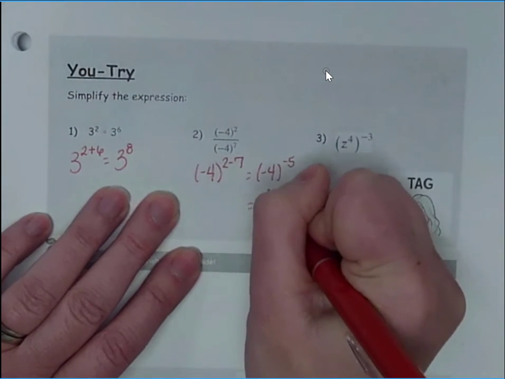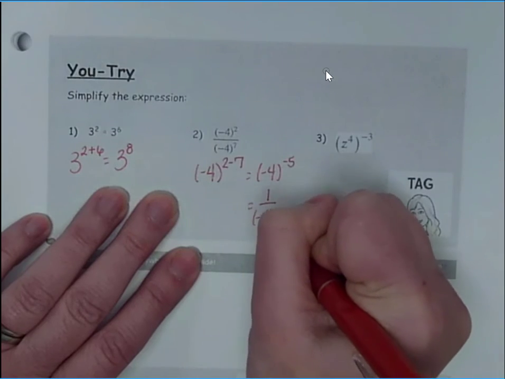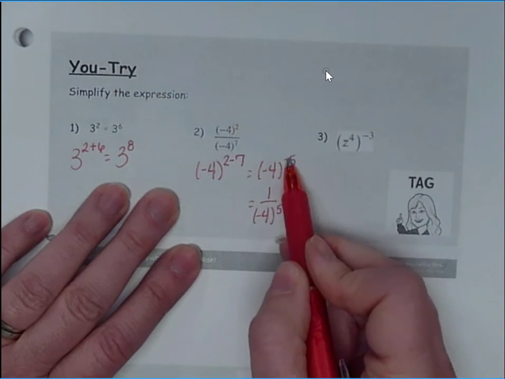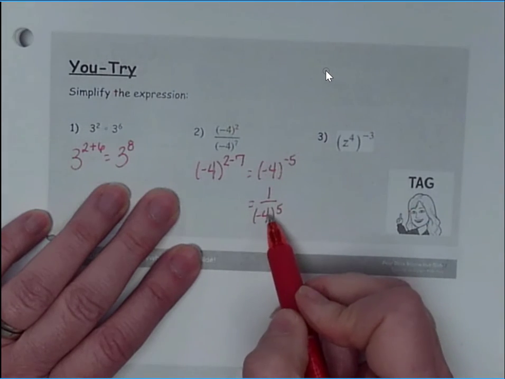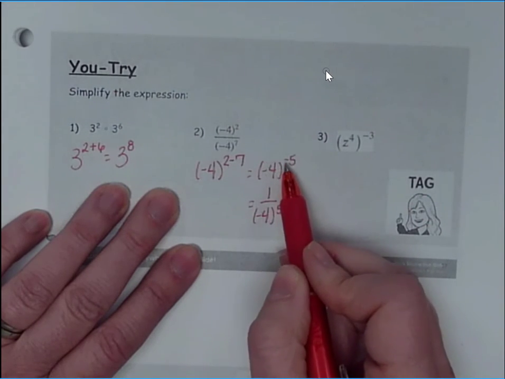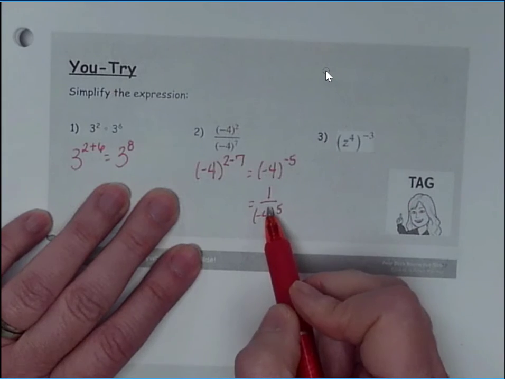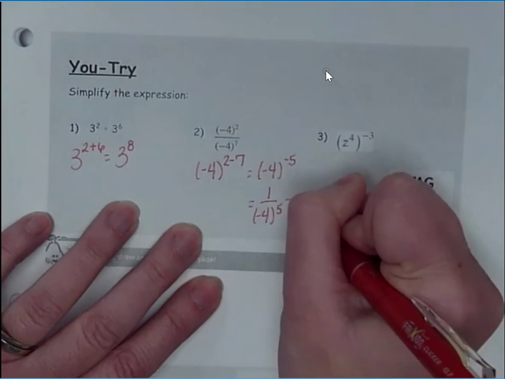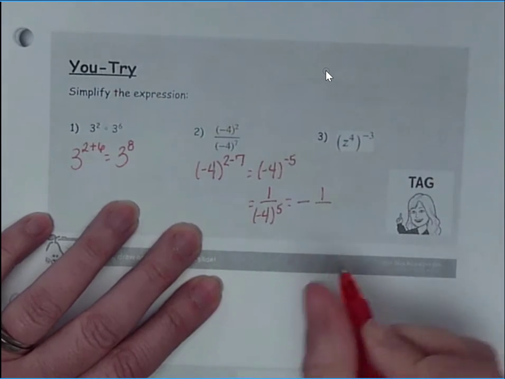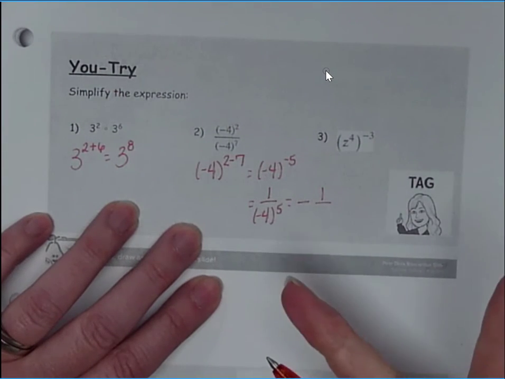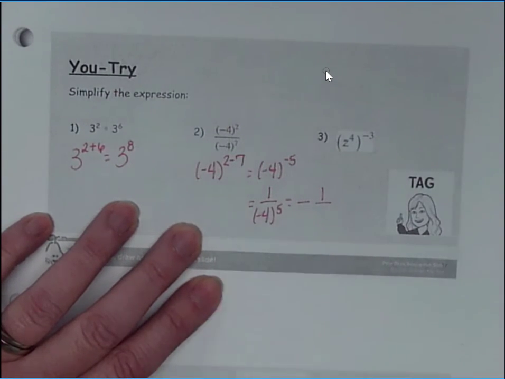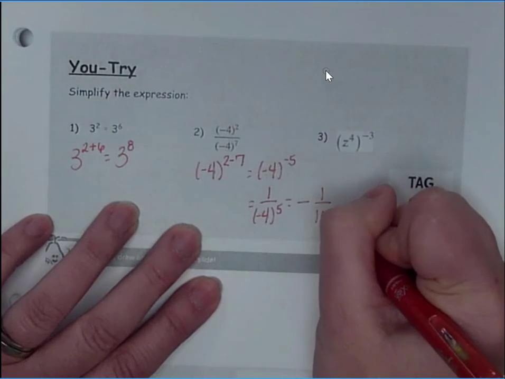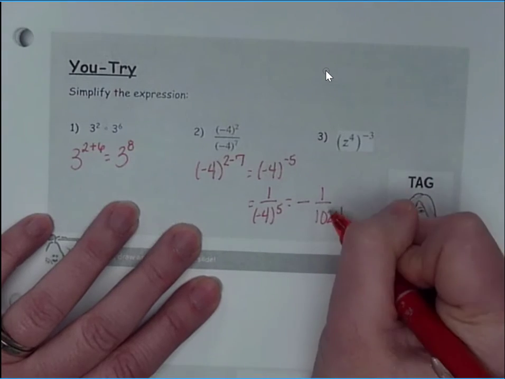So I need to rewrite that this way. Remember, not allowed to have negative exponents here. So now, since this is an odd number, that means I'm going to end up with a negative, because negative times negative times negative times negative times negative is going to be negative. So 4 to the 5th power is 1024.